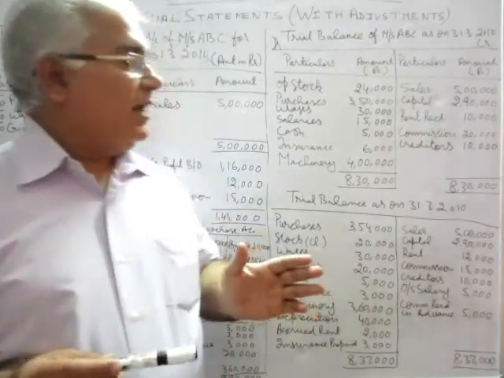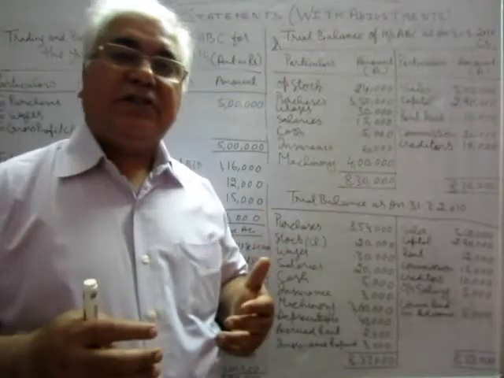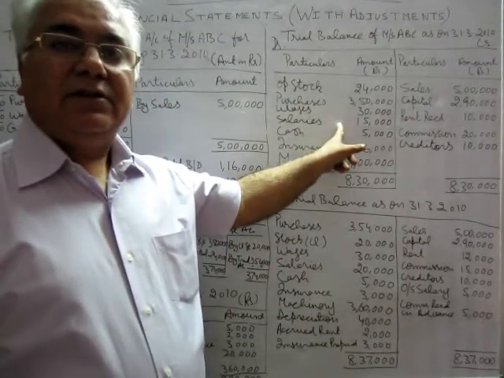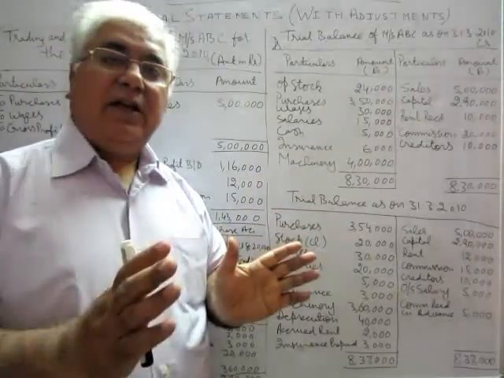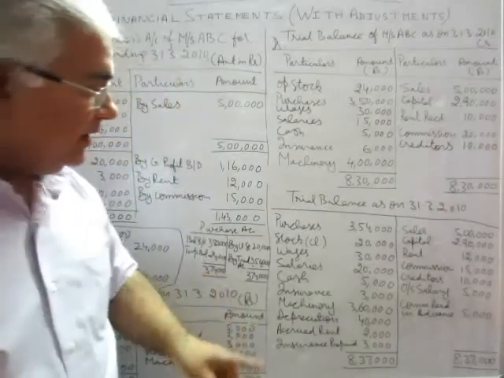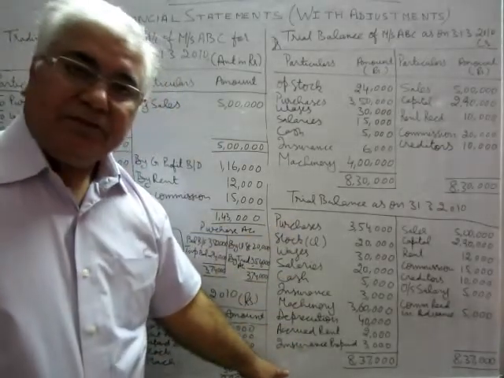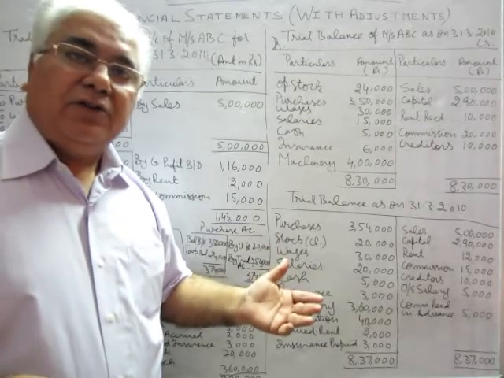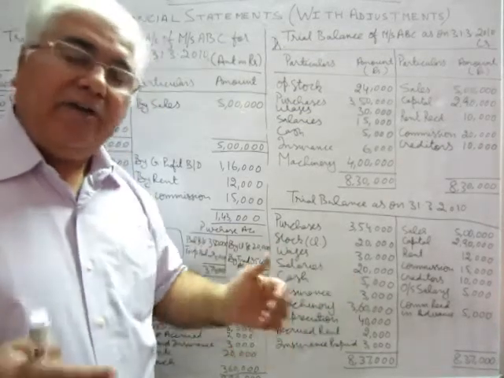If you are provided a trial balance after making all the adjustments, like this is the old trial balance with us, and after all the journal entries we passed in the last example, our trial balance will appear like this. Okay, now how to prepare the trading profit and loss account and balance sheet from this, I will explain it to you.